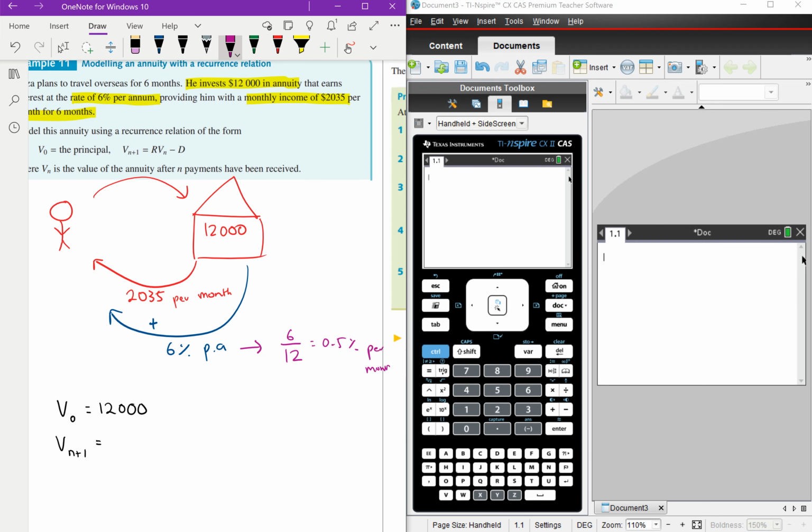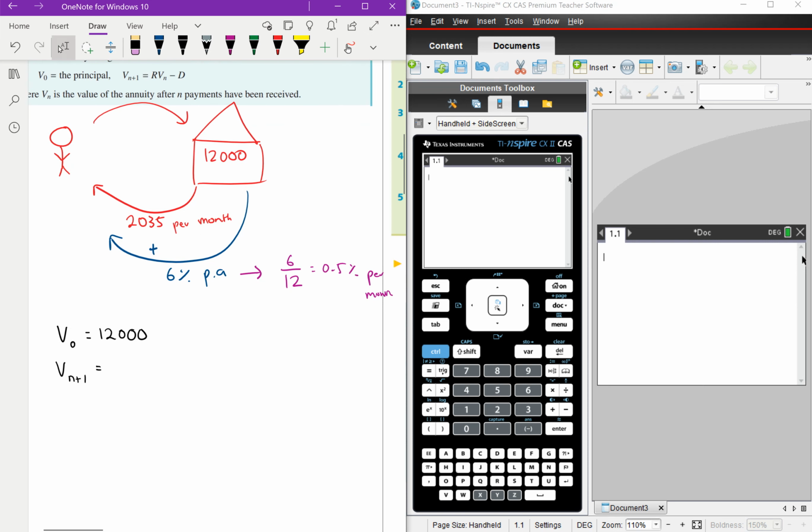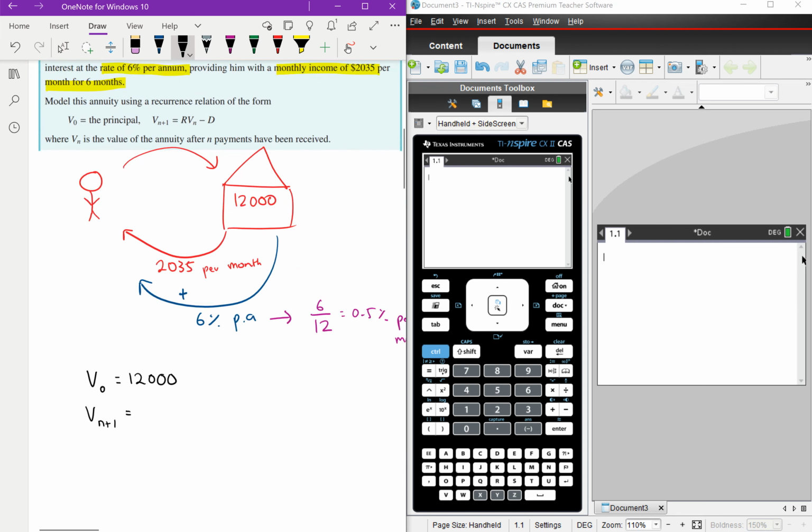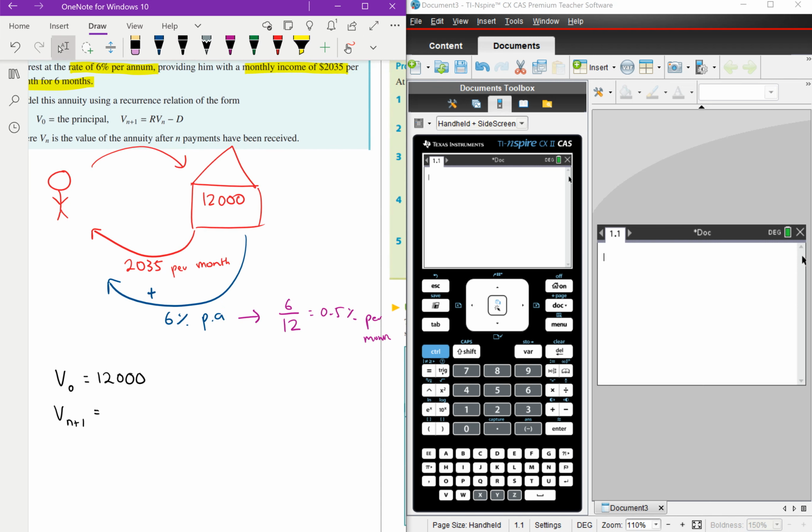Going back here, the amount that I am multiplying by would be 1.005, which is R. For those who forgot from exercise 9B on reducing balance loans, R is equal to 1 plus r over 100, which is your rate.